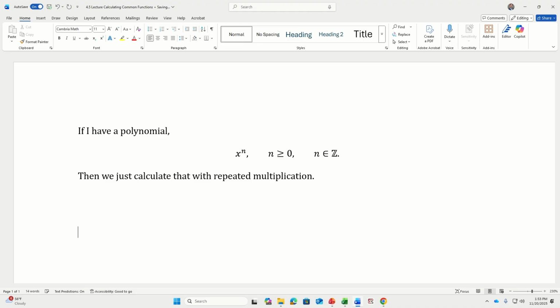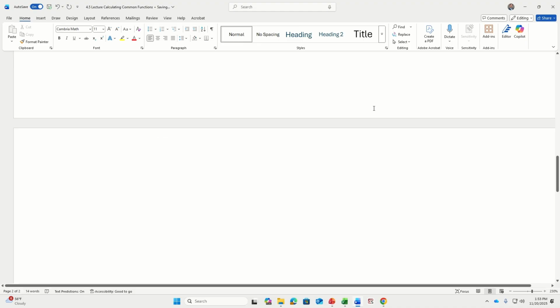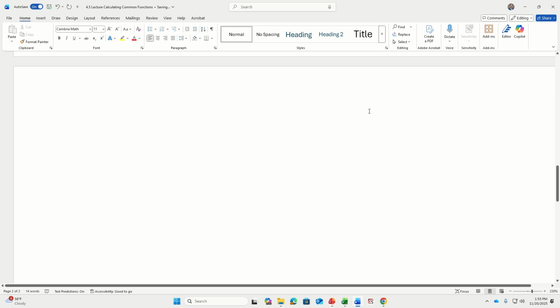What's another common function? Exponents, right?